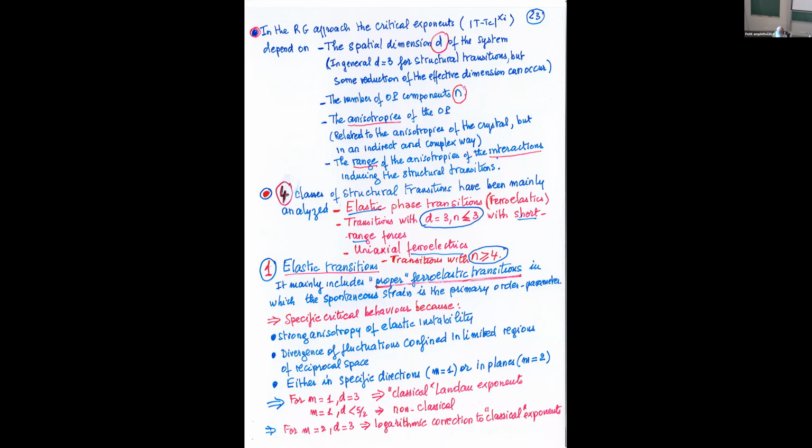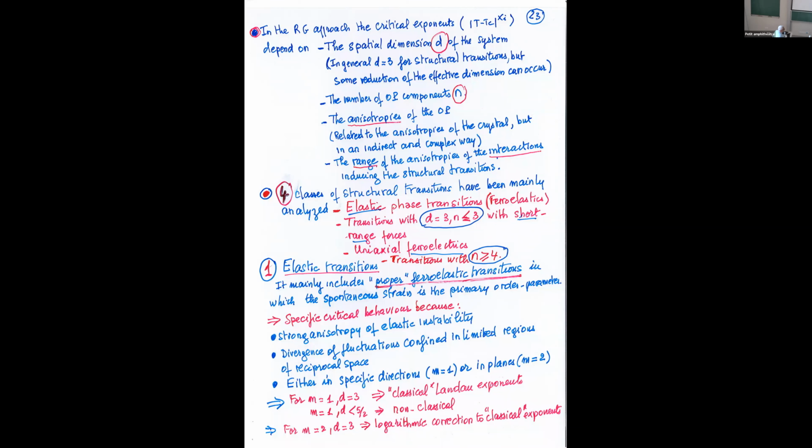In general, for people with good sense, it's 3, but of course we can have some reduction depending on the type of mechanism. They also depend on the number of order parameter components, the anisotropies of the order parameter, which are related to the anisotropy of the crystal in an indirect and sometimes complex way, and the range of the interaction inducing the phase transition.